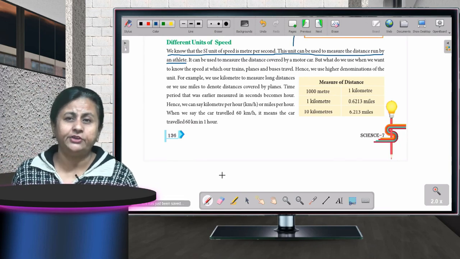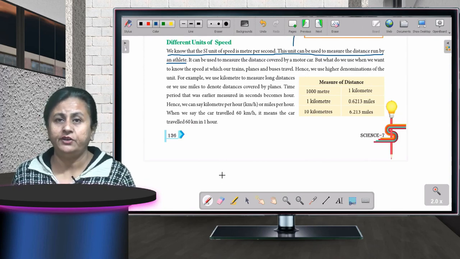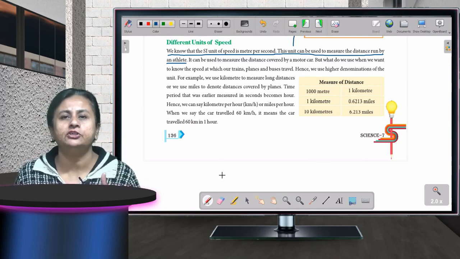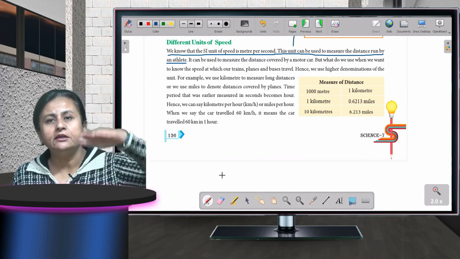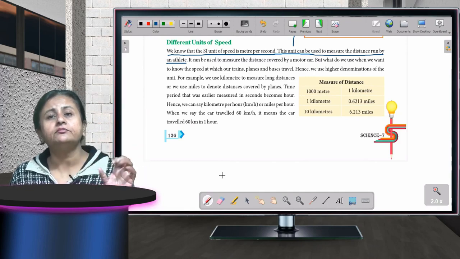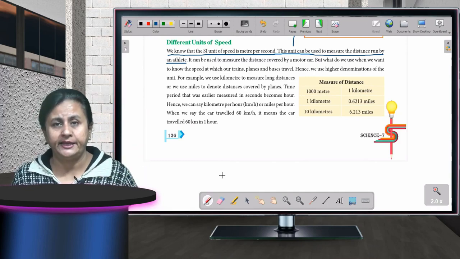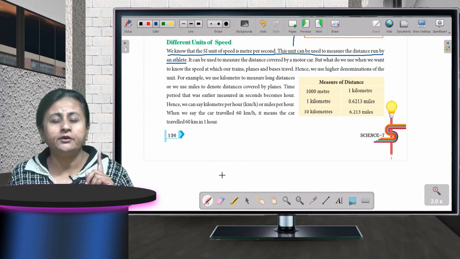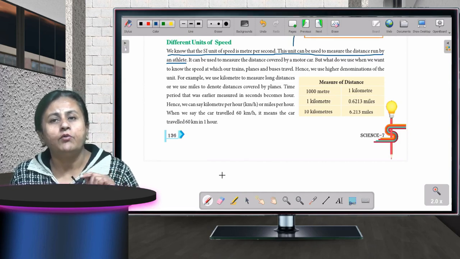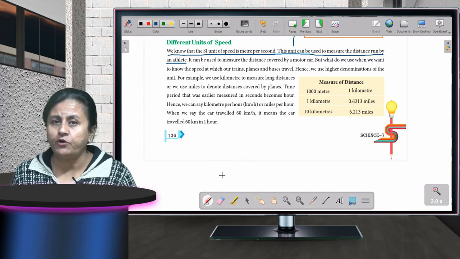Whoever is on the finishing line always uses a stopwatch. The moment the athlete touches the line, the stopwatch is pressed and you come to know the accurate time. On the tracks we are using a stopwatch because that tells us the accurate time.